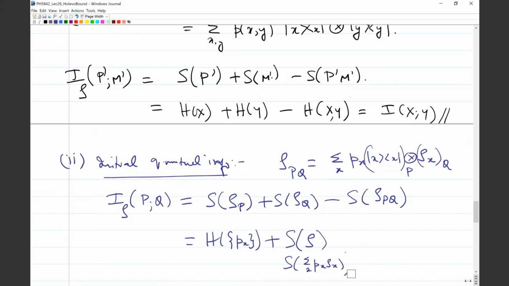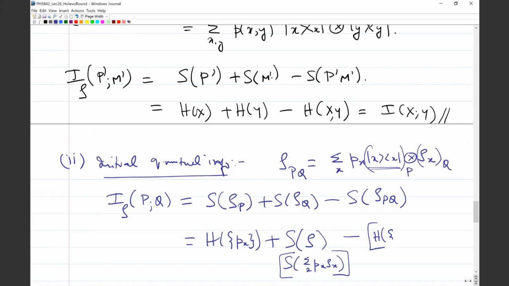Now this joint entropy, the joint von Neumann entropy of this bipartite state, we've computed this a few times already in the past few weeks. We have a bipartite system where on one subsystem, the states are all orthogonal. Yes, correct. So we've seen this before.